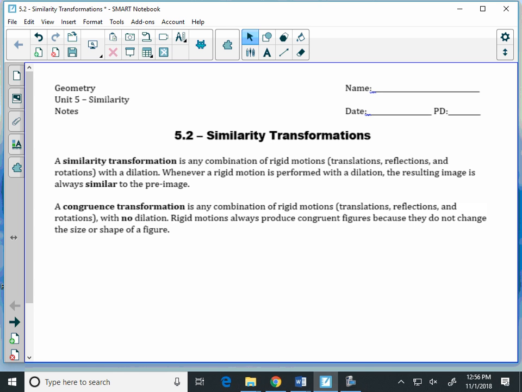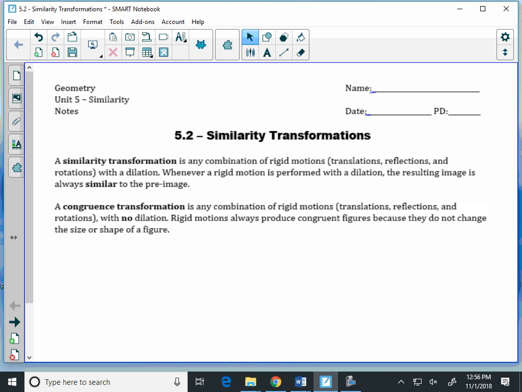Whenever we do a rigid motion with a dilation, the resulting image is always similar to the pre-image. A congruence transformation is any combination of rigid motions, so again, translations, reflections, and rotations, with no dilations.